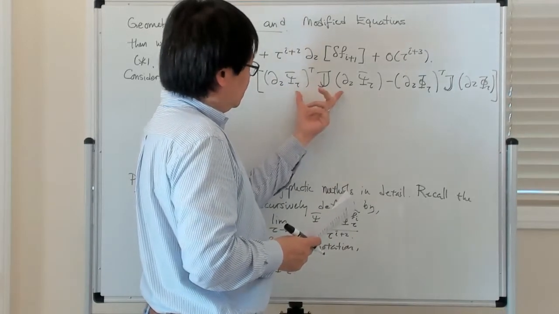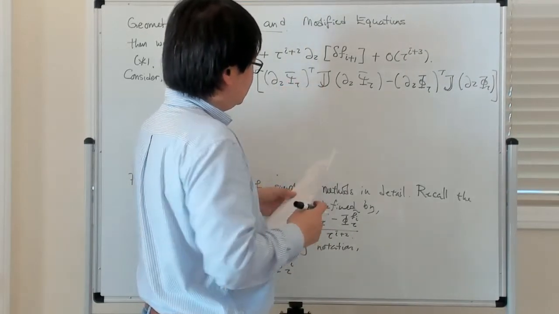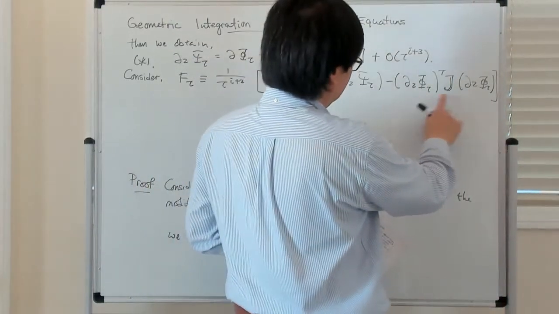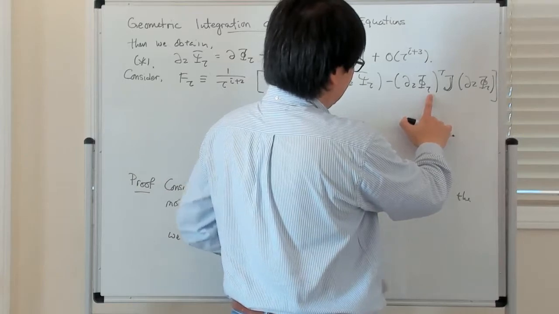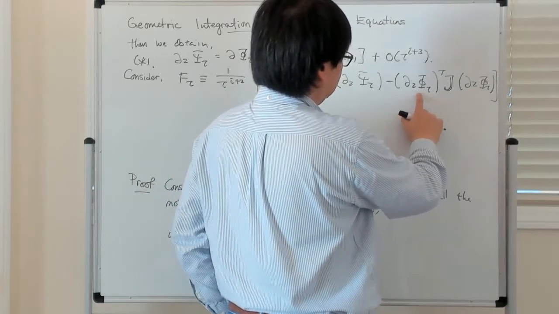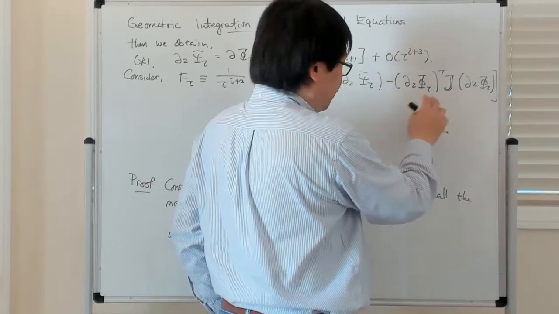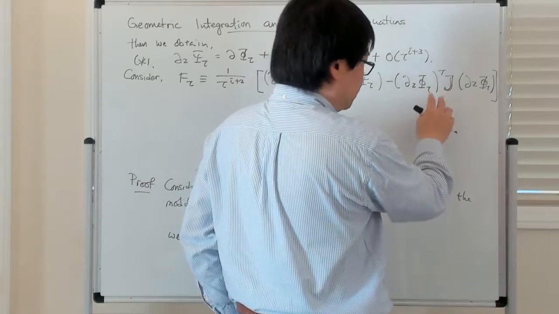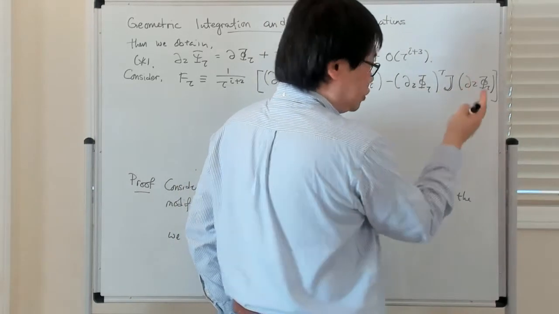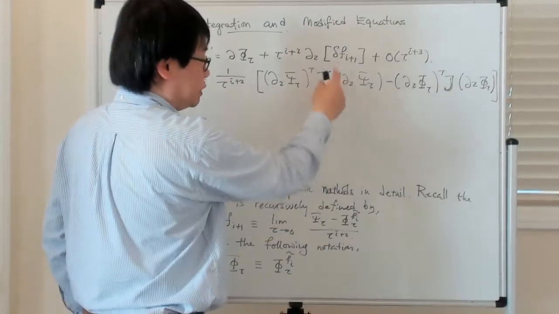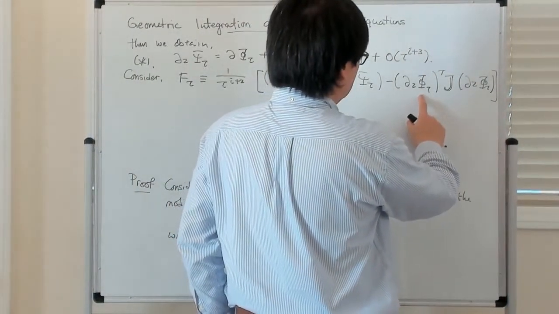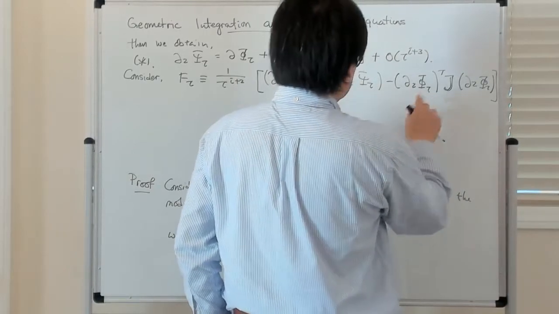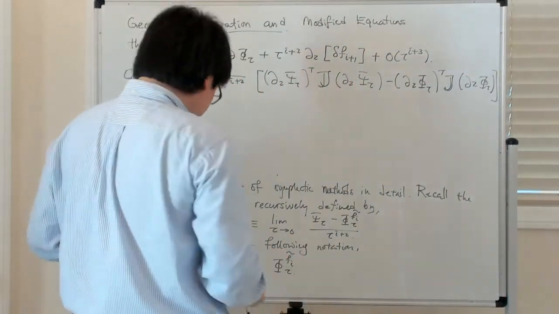So this thing is just going to be J, and then the same thing is true here, that this is the flow of a modified Hamiltonian vector field. That's the inductive assumption, and then you want to show that the next correction term is also a Hamiltonian vector field. All right, so both of these things correspond to symplectic maps.